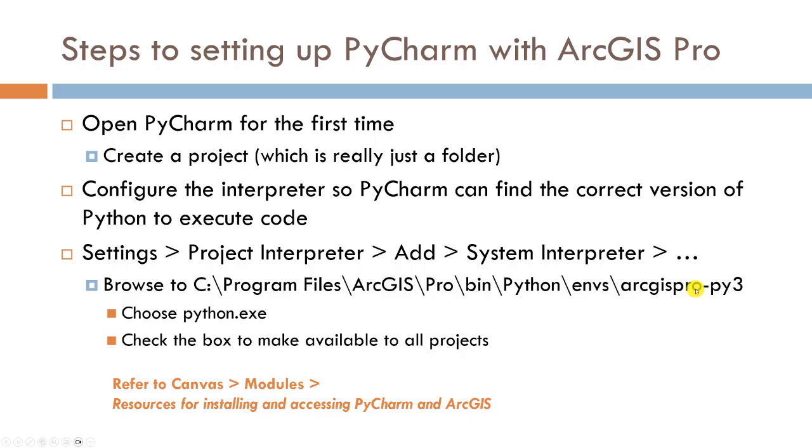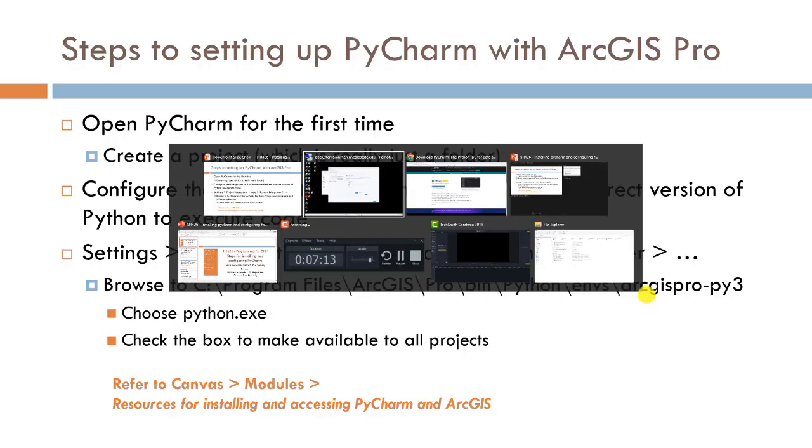and in the YouTube video comments, so it's a few places, but you need to browse to this big long location. And this location here contains a python.exe that can see the ArcPy functionality.